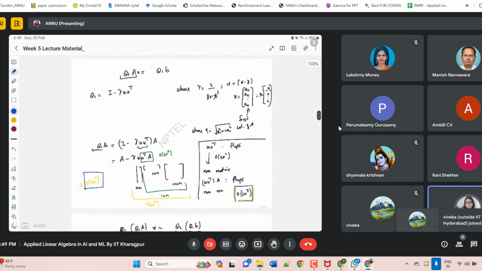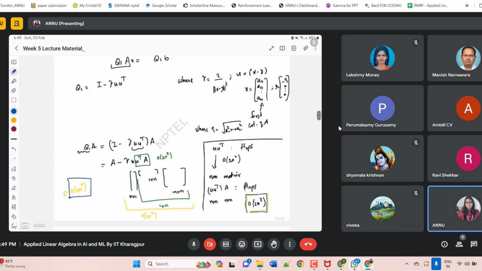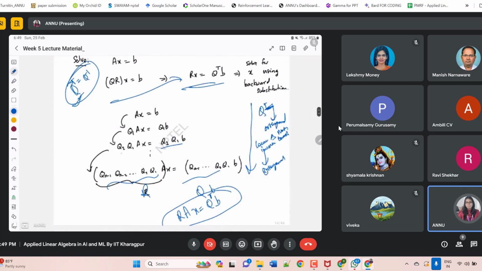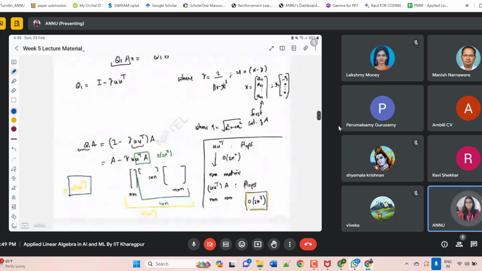And then sir is trying to make you understand what computation is required here. For example, Q1 of A, you're multiplying with Q1 of A, then Q2 of A, Q3 of A, focusing on each column one by one, as we saw here. Then what is the computation required?